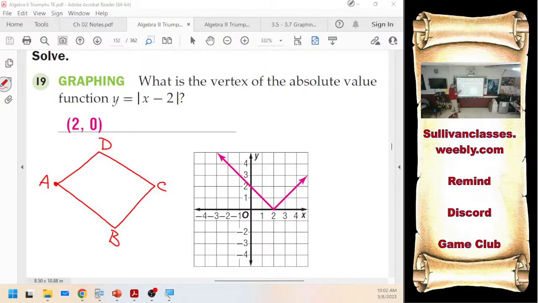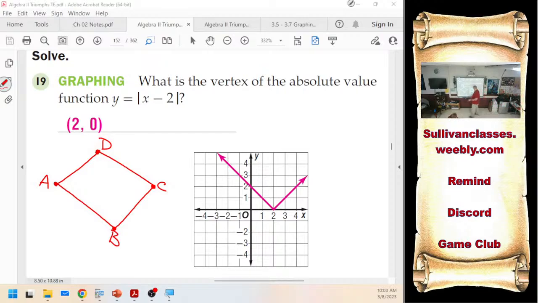A vertex is anywhere that I change directions. Like if I'm walking through the classroom and then I turn right here, that right there that I turned at is a vertex. I turned again, this is a vertex. Anywhere that I change direction, those are vertices.